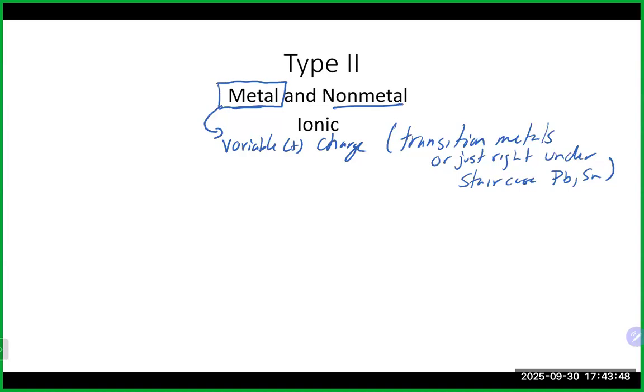So when we come across a transition metal, except for those 3 that we just talked about, zinc, cadmium, or silver, it is a type 2 metal.